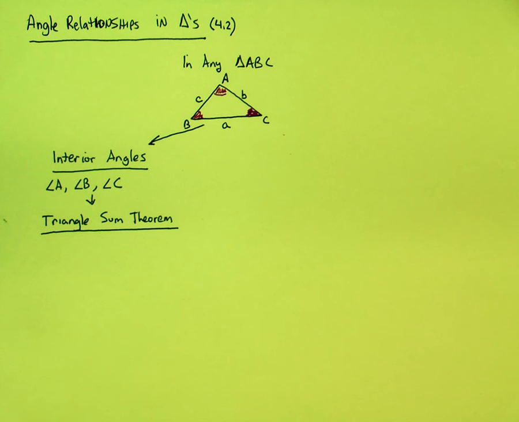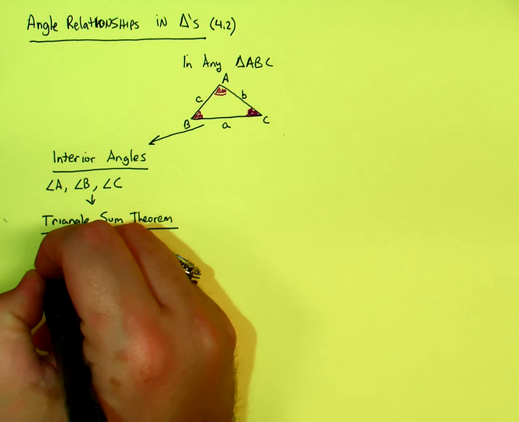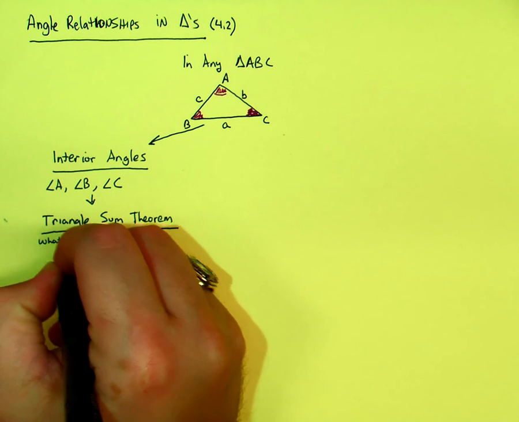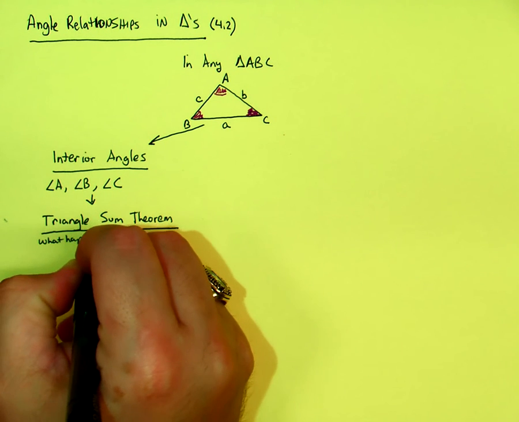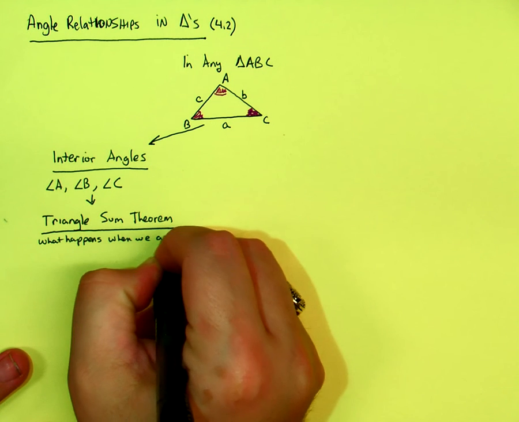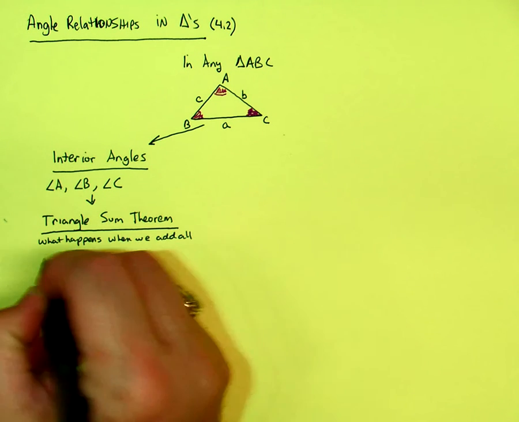We can prove it, and I can actually prove it for you. I'm not going to prove it today, but we could if we needed to. The triangle sum theorem talks about what happens when we add all three angles.